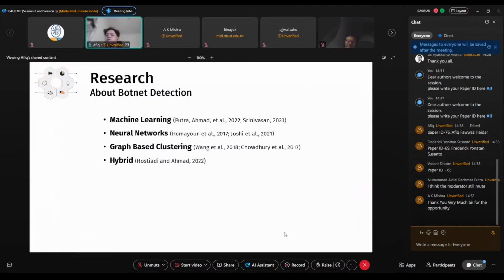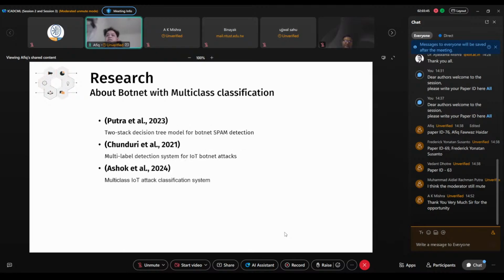However, the majority focus on binary classification, distinguishing only between normal and botnet activities. The approach is limited when dealing with specific challenges like identifying spam botnet activity, which requires a more sophisticated multi-class classification model. Recent research has advanced botnet detection through multi-class classification.